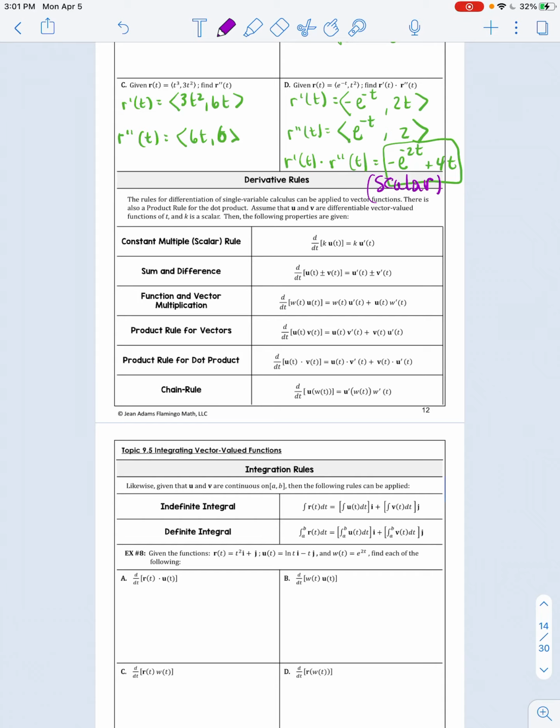And then the product rule for vectors, taking the derivative of u of t times v of t, equals u of t times v prime of t plus v of t times u prime of t.